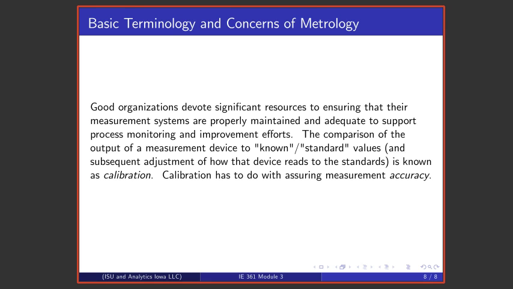And they do studies having to do with measurement precision that are sometimes called repeatability and reproducibility studies. We'll talk a bit about both of those kinds of studies. They concern two of the three important issues of measurement.